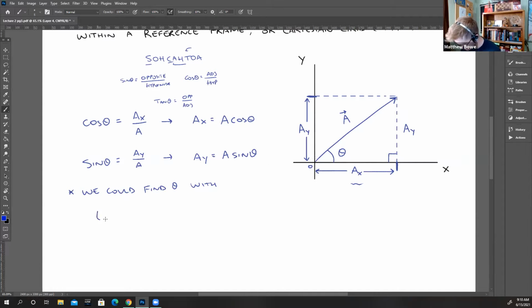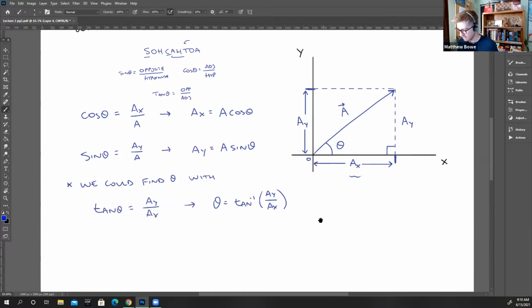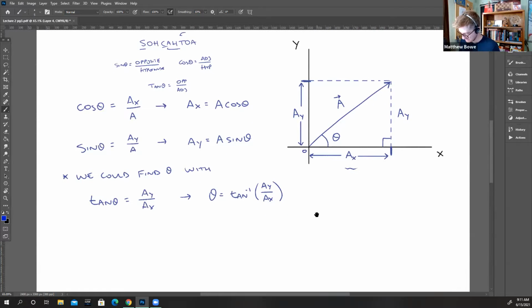So that would just be tangent of the angle is a sub y over a sub x. And that becomes just an inverse tangent of a sub y over a sub x. And that's how I can get the angle by itself. To find that.